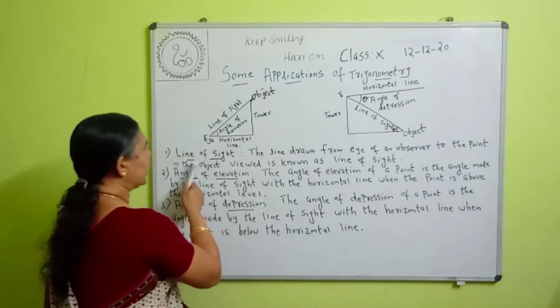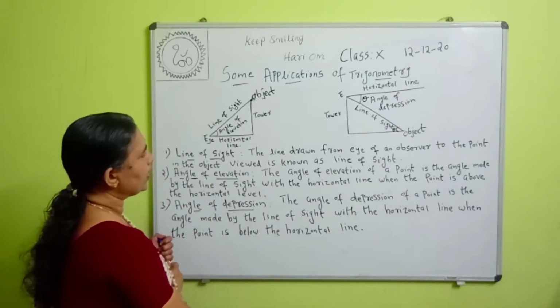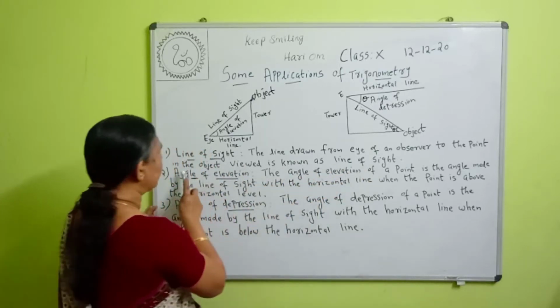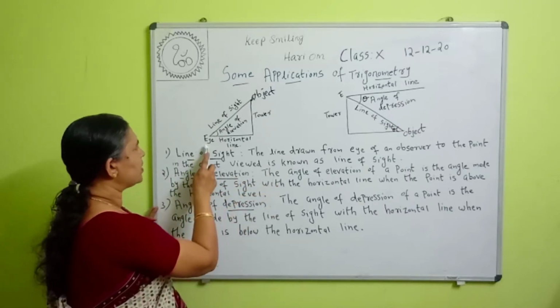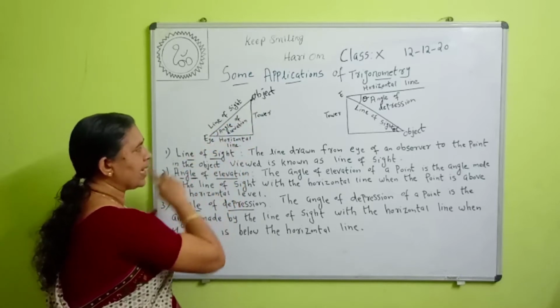Remember it. Then what is line of sight? The line drawn from the eye of an observer to the point on the object viewed is known as the line of sight.